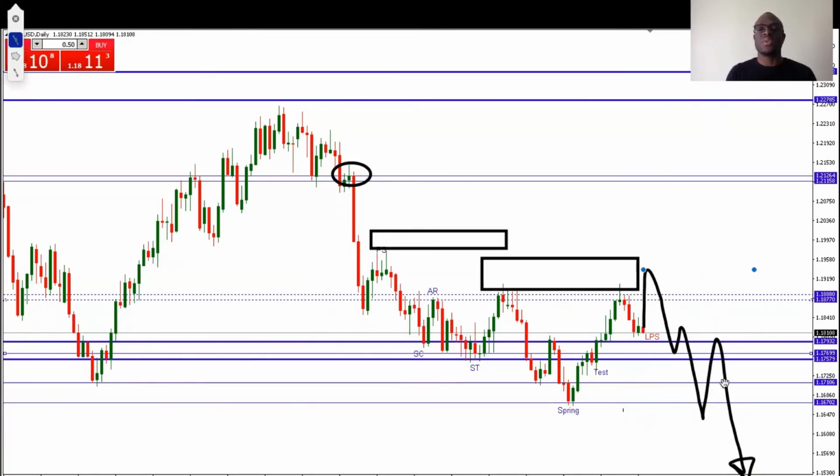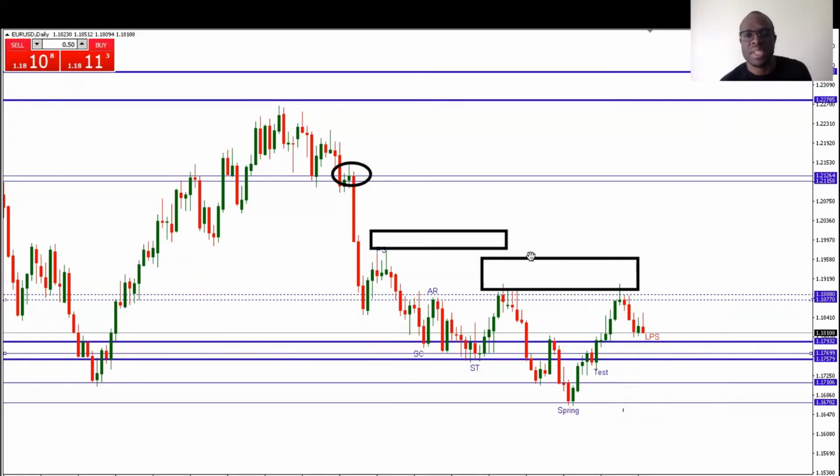So in this case, it would have formed a redistribution. So this represents the movement to the downside.